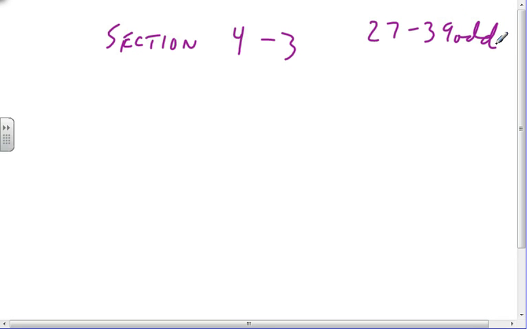Now, why in the world wouldn't we do the beginning ones? Probably because if you do 27 through 39 odd, then you would have to have done the things that came before, and it's like doing them twice. So that's why we don't do the things before, because we're going to do them now. Okay, that answers that question.